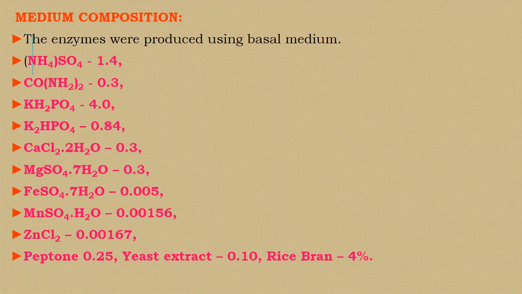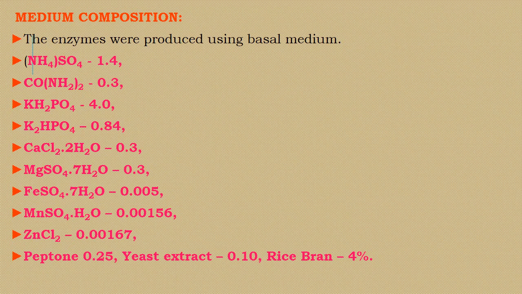The media composition required is ammonium sulfate, diammonium hydrogen phosphate, potassium dihydrogen phosphate, dipotassium hydrogen phosphate, calcium chloride, magnesium sulfate, iron sulfate, manganese sulfate, zinc chloride, and nitrogen sources such as peptone and yeast extract will be used, and some substrates such as rice bran have also been used.